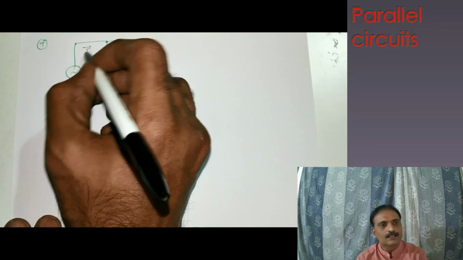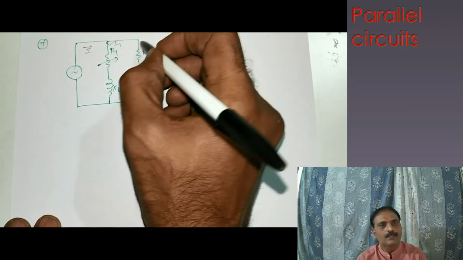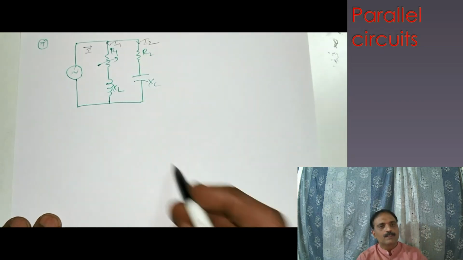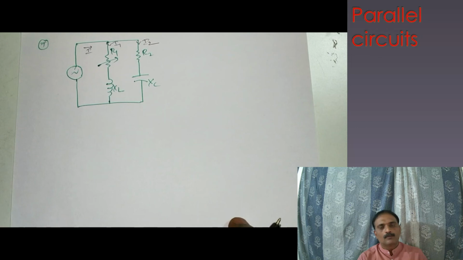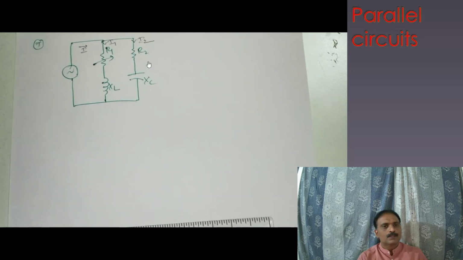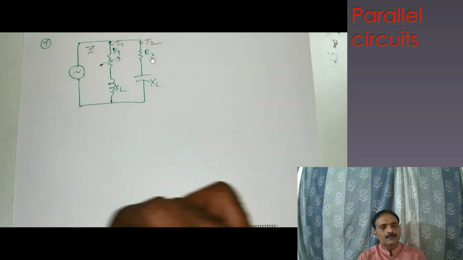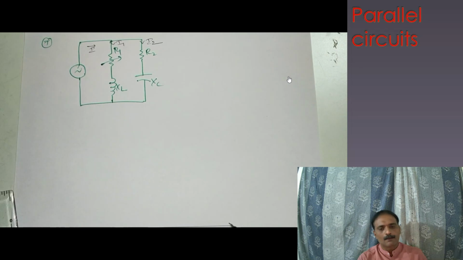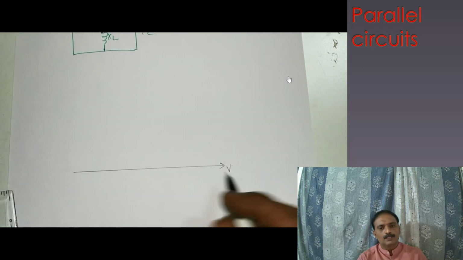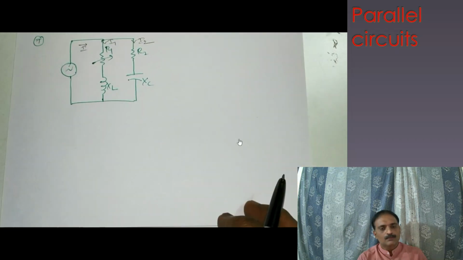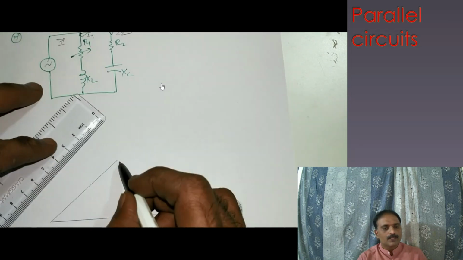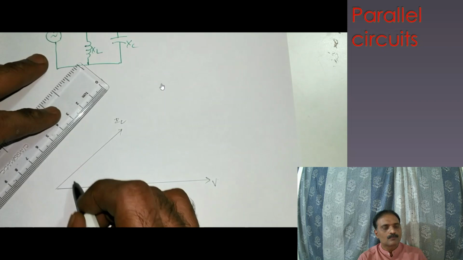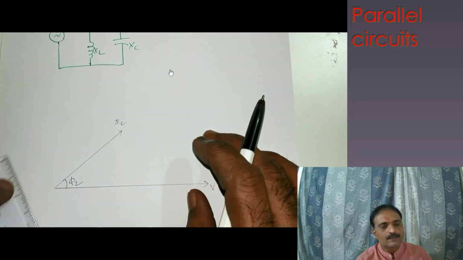So let us consider another circuit in which we are going to have the resistance as the variable in branch 1. So again here we are going to consider voltage as the reference. First we have to draw the I2 branch, I2 here, which is going to lead by phi 2. And from there again take the reference.